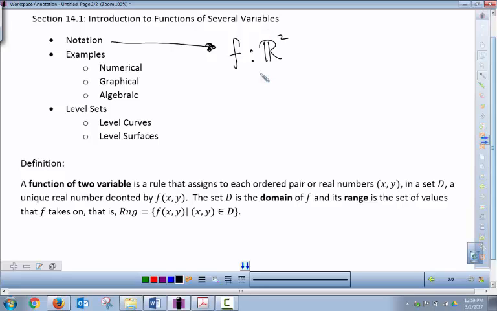But here, we don't call it to the second power. We're not algebraically squaring the set of real numbers. We're kind of doubling it. So we say R2 for this, not R squared.